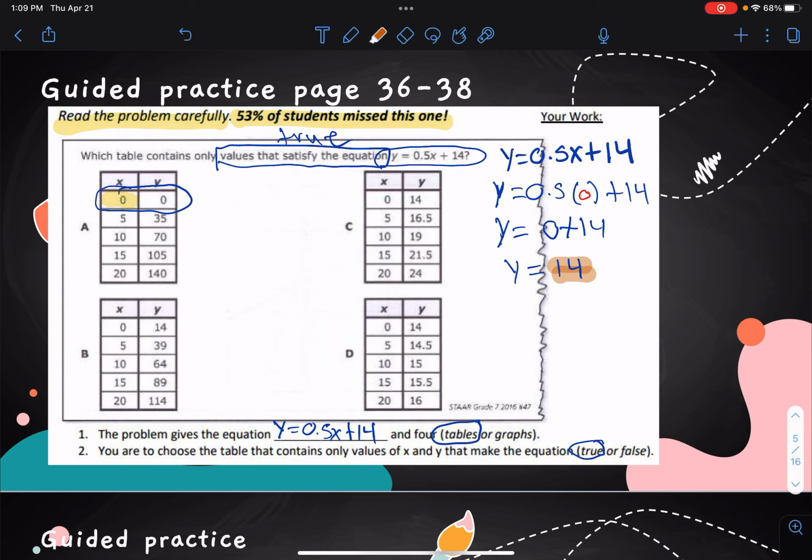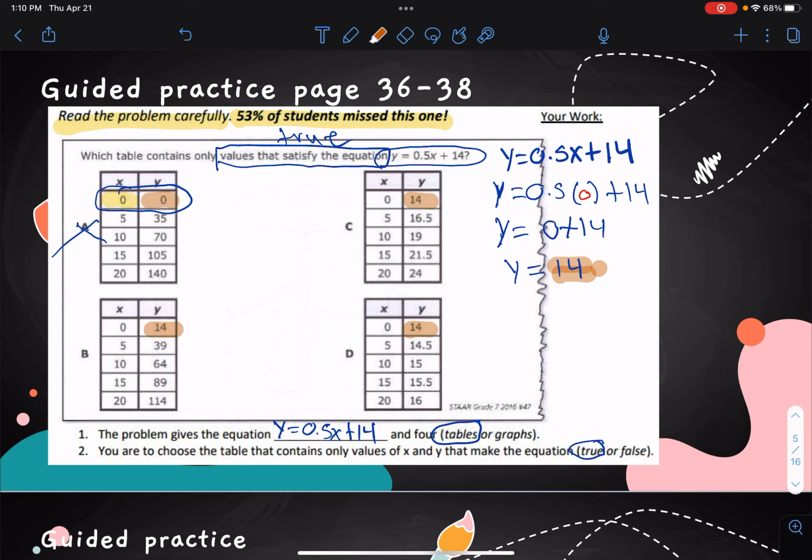For A, in my y column I have 0, but I needed 14, so A would not be it. For B, I have 14 in my y column next to the 0. That one works, so I'm going to keep that answer. For C, again I have 14, the same thing I got here, so I'm keeping that choice. And for D, again I have 0 and 14, so I'm keeping that one just to make sure it is correct.